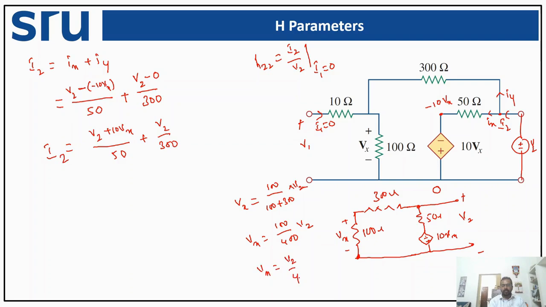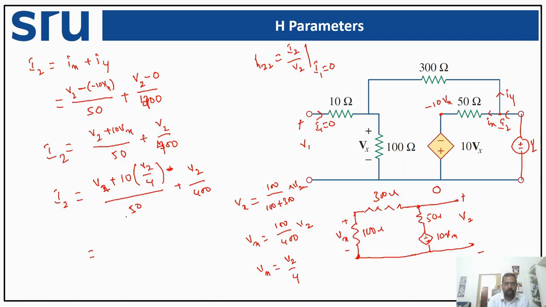So if you try to substitute Vx equal to V2 by 4 here, what are we going to get? Sorry, it is V2 by 4. As these two resistors are connected in series, the current flowing through this will be V2 divided by 300 plus 100, it is 400. So my I2 is equal to V2 plus 10 into Vx, which is V2 by 4, divided by 50, plus V2 by 400.